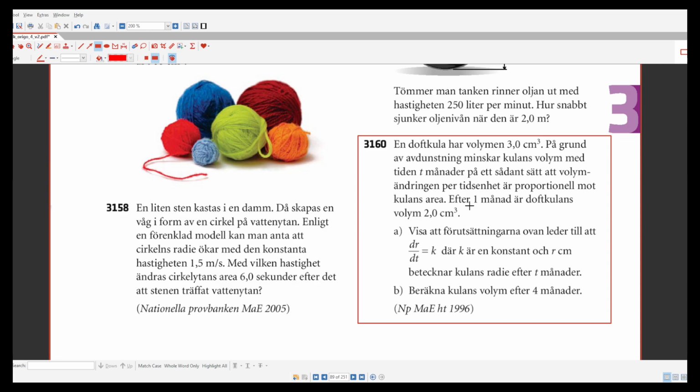After 1 month of the candle burning, the volume reaches 2 cubic centimeters. But one thing that is a little bit unusual to say is that the rate at which the volume is changing is proportional to the area of the sphere.